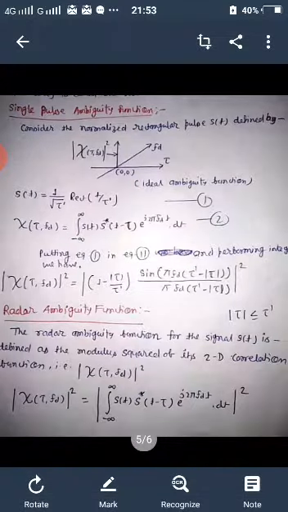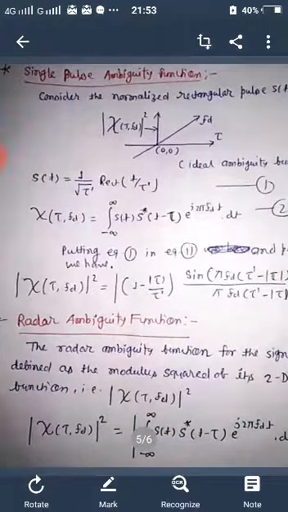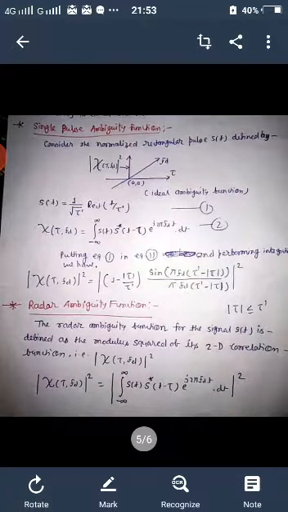This function, modulus of chi(tau, f_d) whole square, is known as the ambiguity function. Now the radar ambiguity function for a signal s(t) is defined as the modulus squared of its 2D correlation function.